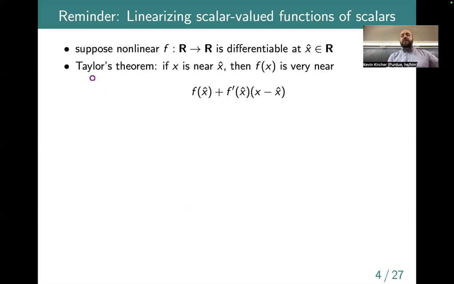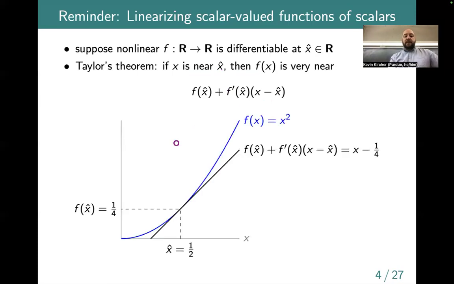Then Taylor's theorem tells us that if x, the unknown variable, is near this known x hat, then the true nonlinear function f of x is very near its linear approximation, which is f evaluated at this fixed point x hat, plus the derivative of f, again evaluated at that same point, times the difference x minus x hat.